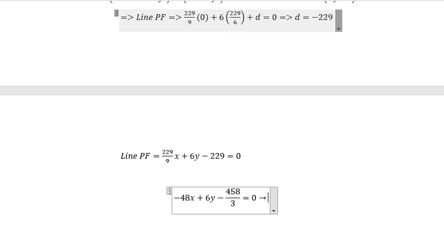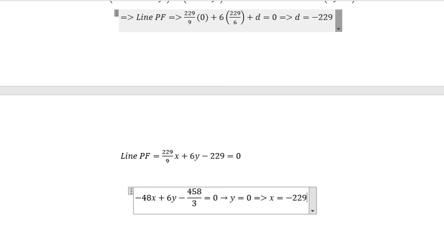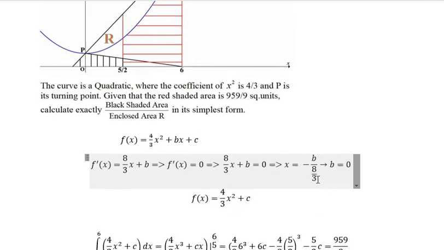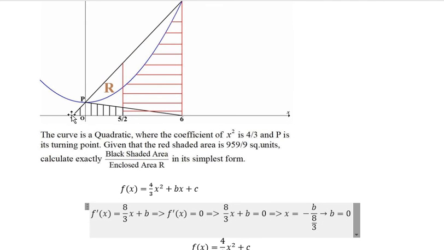In this situation y becomes 0, and we can find the value of x, which is minus 229 over 72. So that's the location here.